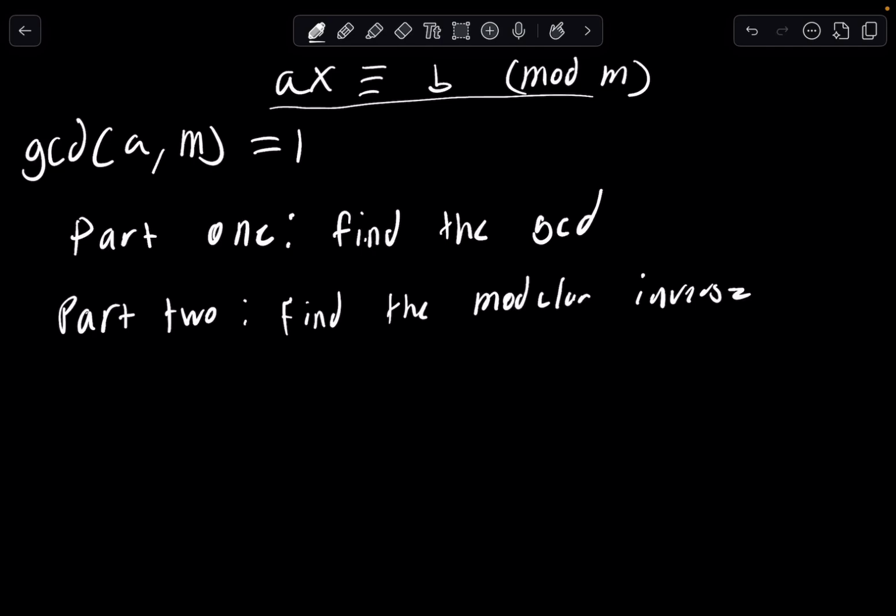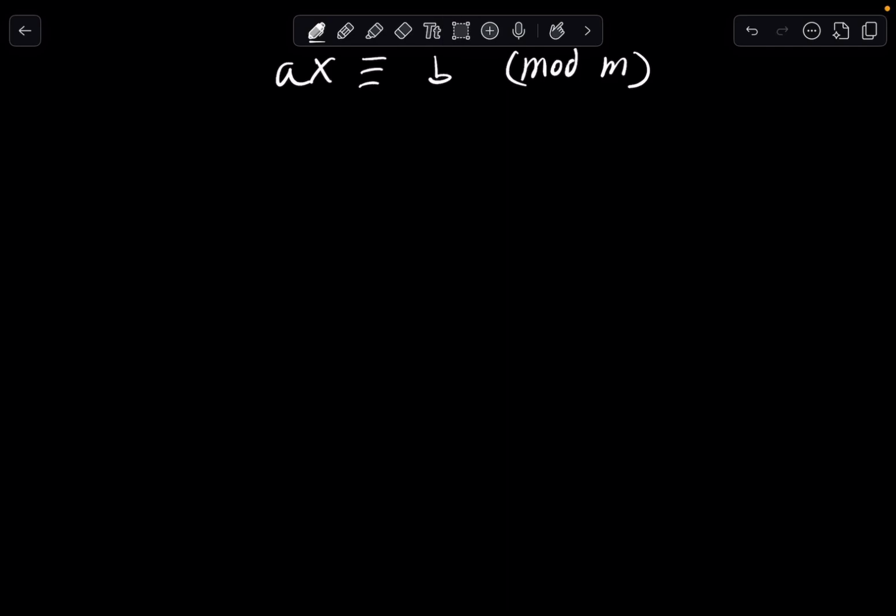In the first part, we're going to find and check that the GCD equals 1 and that a modular inverse exists. And part 2 is when we actually find the modular inverse. So conceptually, we need to know that the GCD of A and M equals 1, right? So we're going to keep doing a process until we get to the value 1.